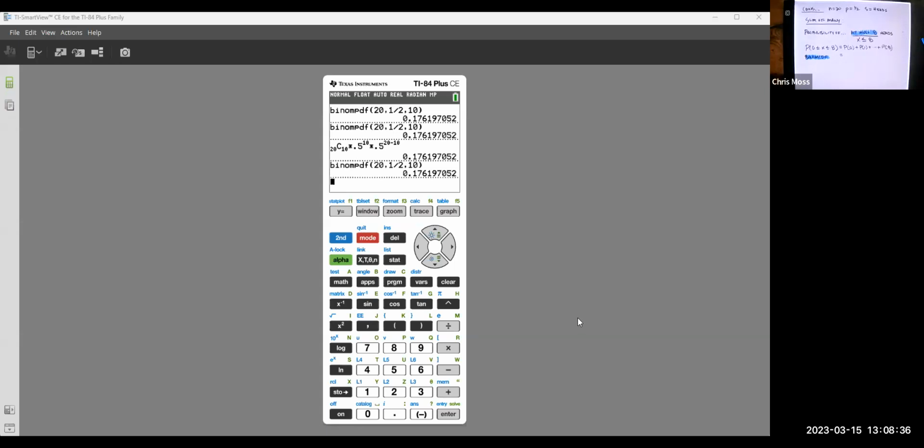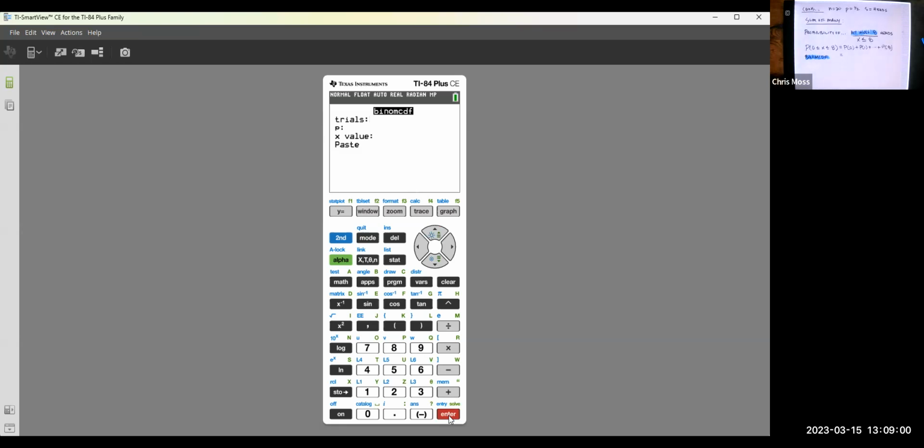Okay. So second distribution. There's a lot of good stuff in here. You'll notice that it has essentially the same screen.